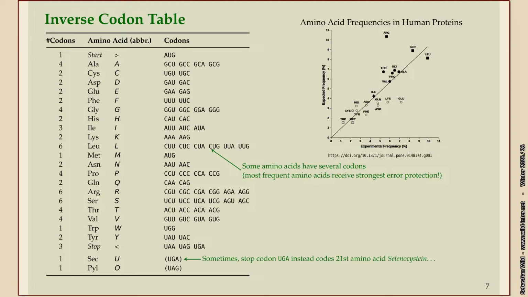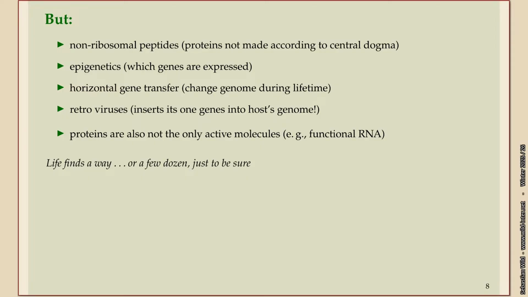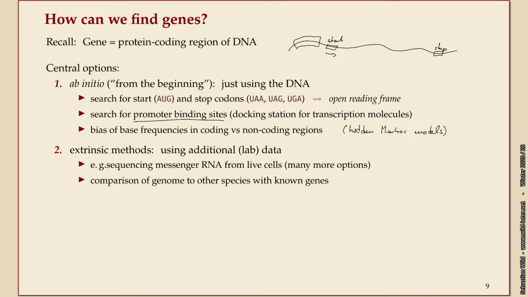Now, the question is this good enough to detect genes? And the answer in principle was probably yes, because most genes that humans have, or I think this is more generally true, they're fairly long compared to what you would expect if you just generate randomly mutated DNA and look for the longest stretch you can have between such an open codon and one of the stop codons. We call that the open reading frame.